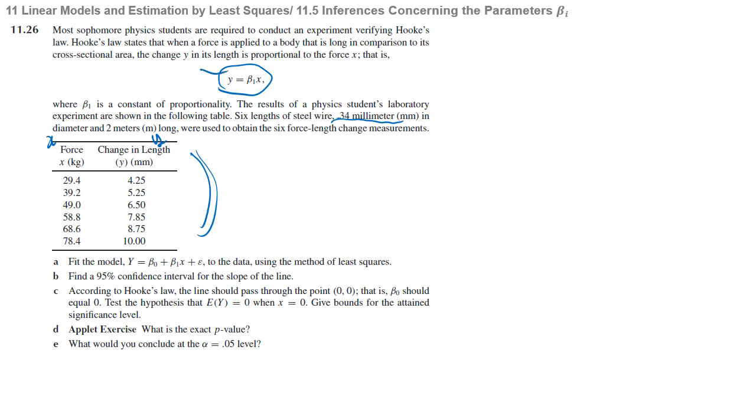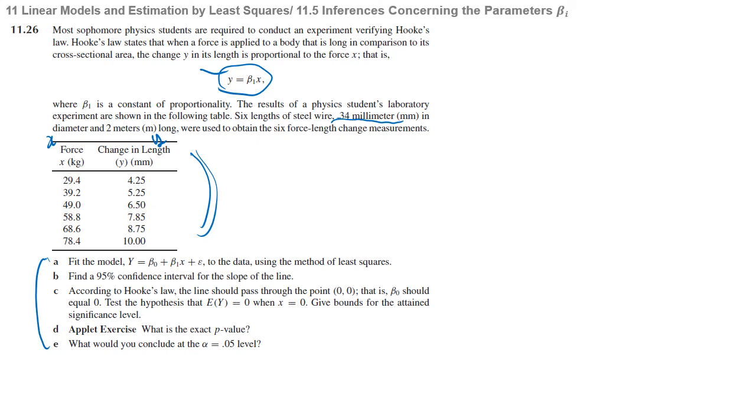And this is Hooke's law. Let's try to prove numbers A to E. A is: fit the model y equals beta 0 plus beta 1 x plus epsilon to the data using the method of least squares. I mentioned that there are two ways, the general proof or the simple regression specific proof. In the previous example, I used the specific simple regression proof.